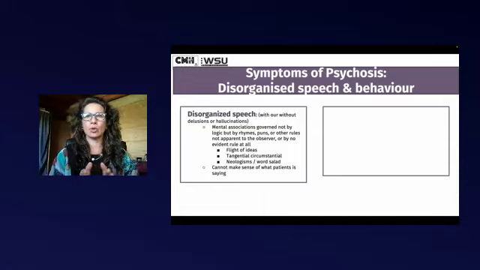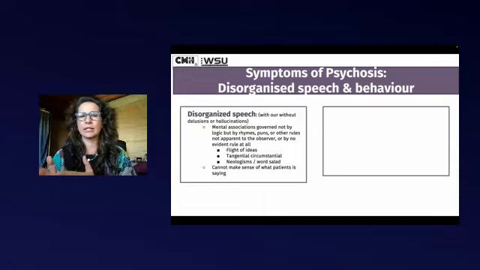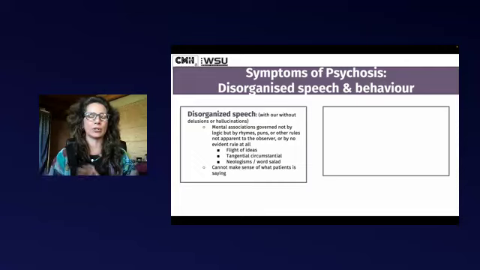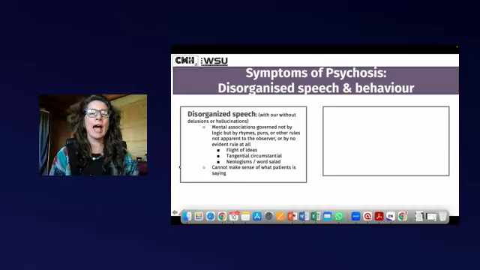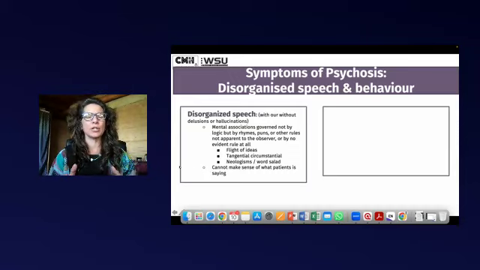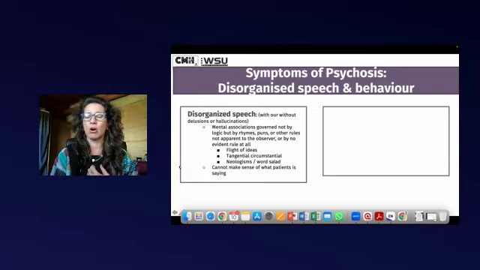You're talking about something and then they get distracted into something that's completely unrelated to what you've just said. They might speak gibberish and make up new words, or have strange words that they use. And the biggest thing is you can't really follow the conversation. You can't really make sense of what they're saying. You're struggling to understand what they are talking about.